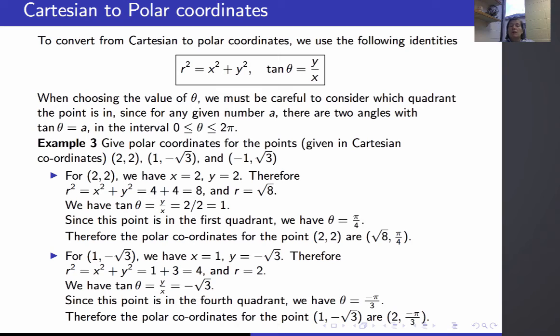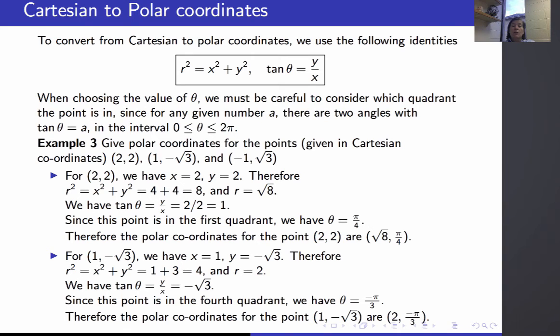Now suppose I'm given Cartesian coordinates x equals 1, y equals minus the square root of 3, and I wish to find polar coordinates. Then I have r equals the square root of x squared plus y squared, which is the square root of 1 plus 3, which is the square root of 4, which is 2. And I also know that tangent of theta is y over x, which is minus the square root of 3.